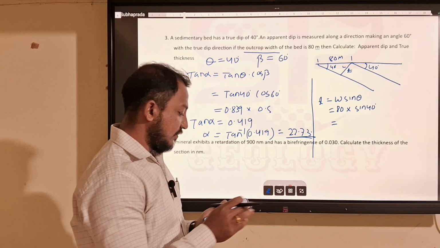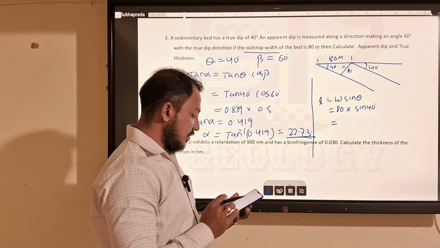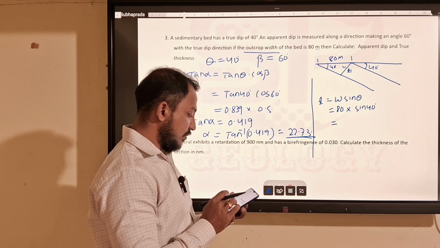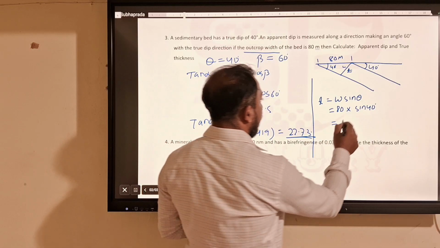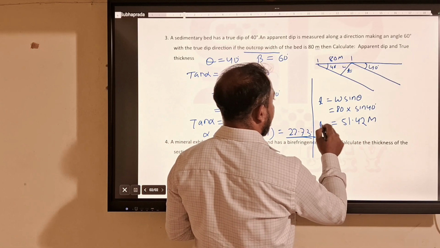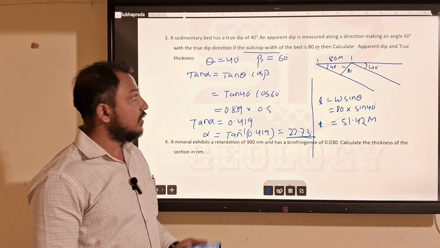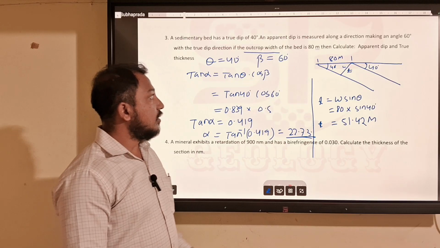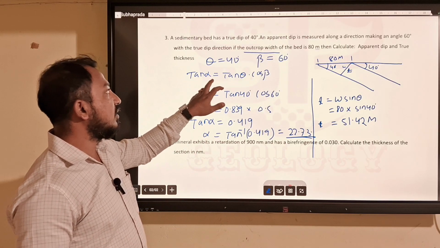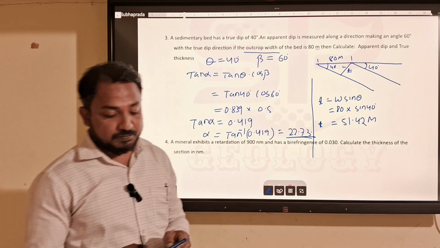So it will be 80 into sine 40, which is 51.42 meters. So true thickness will be 51.42 meters. You can easily solve this problem by using the apparent dip formula, then you will use the true thickness formula.